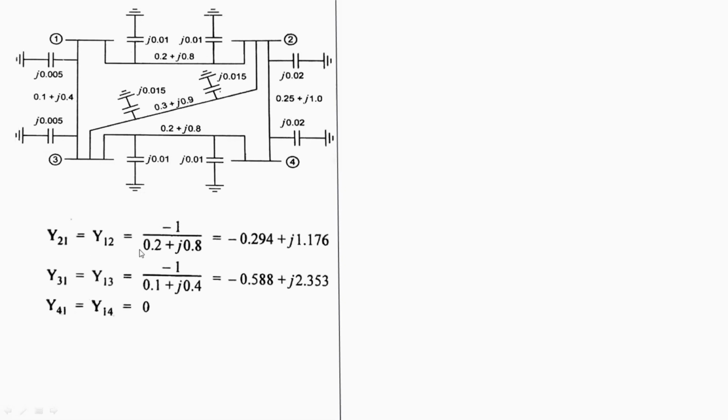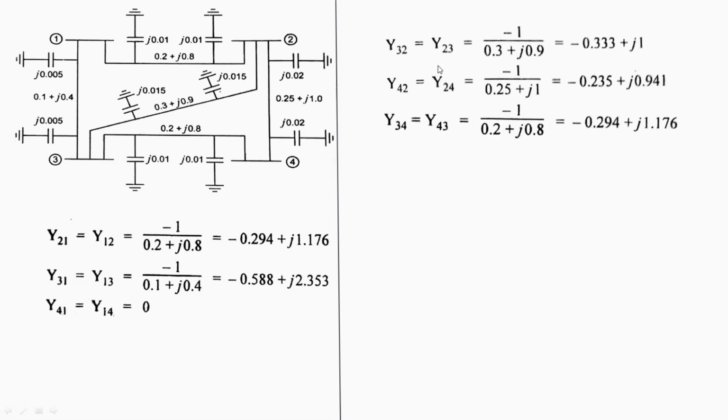So Y21 equals Y12, equal to minus 1 divided by 0.2 plus j 0.8. Similarly, Y31 is calculated. For Y41, there is no direct line between bus 1 and bus 4, so this value is 0.